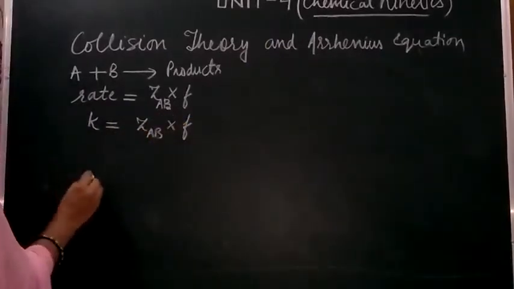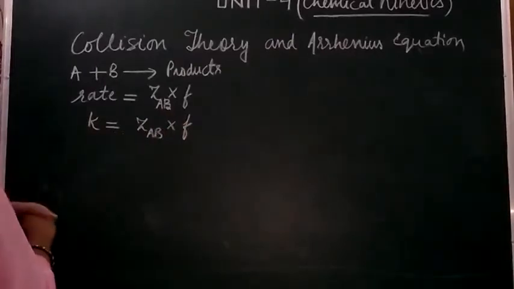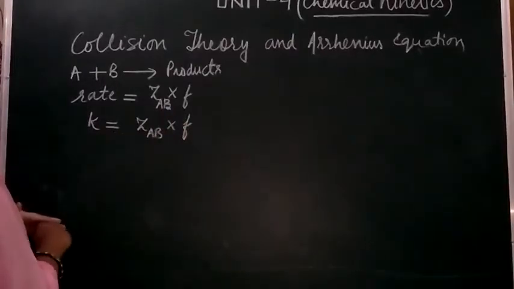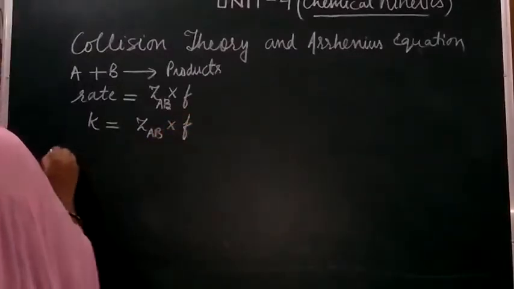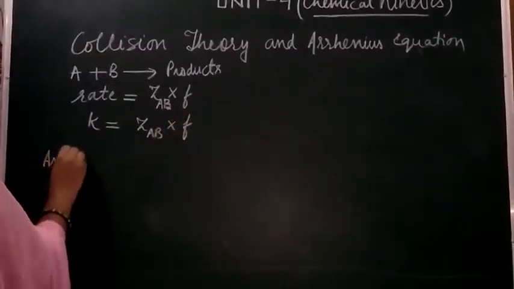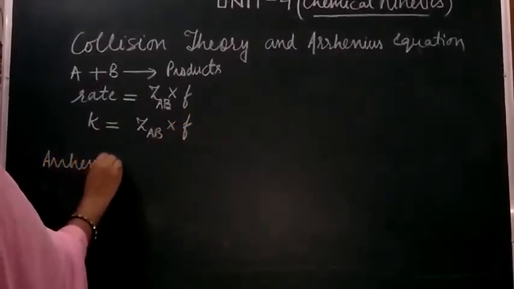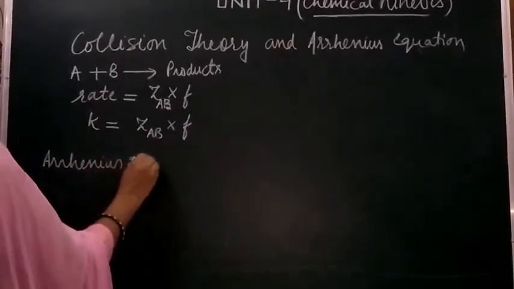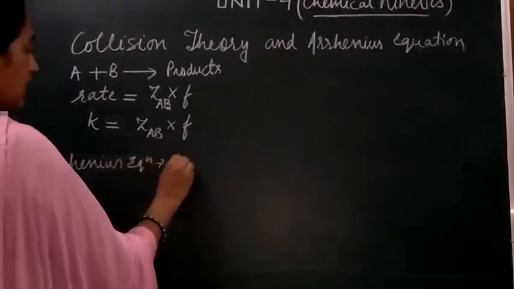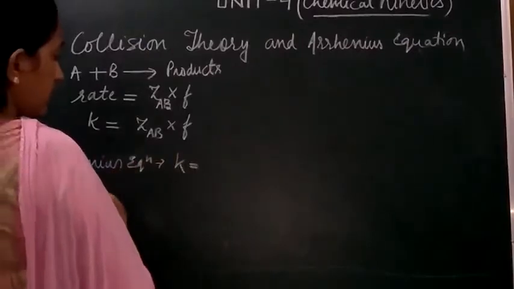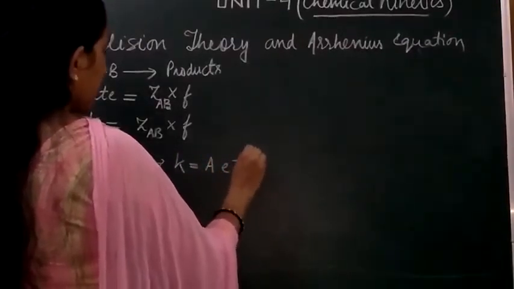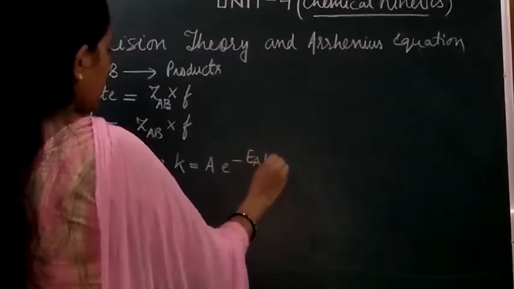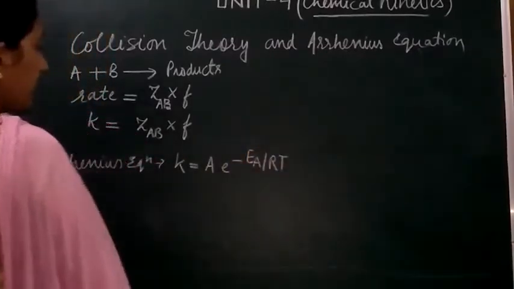Now from the Arrhenius equation, students, we are going to express the Arrhenius equation, which tells us that k equals A e raised to power minus Ea upon RT.